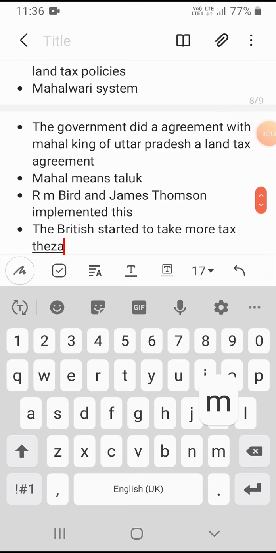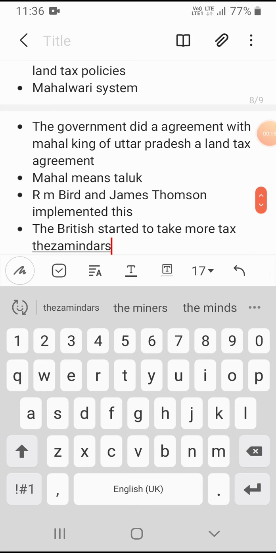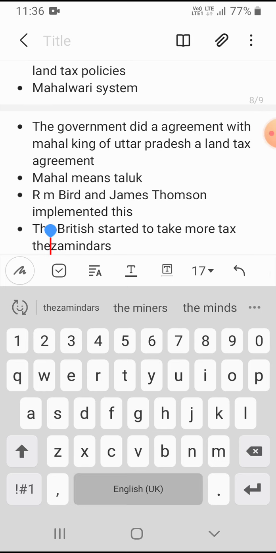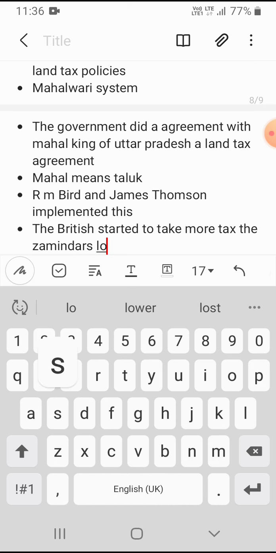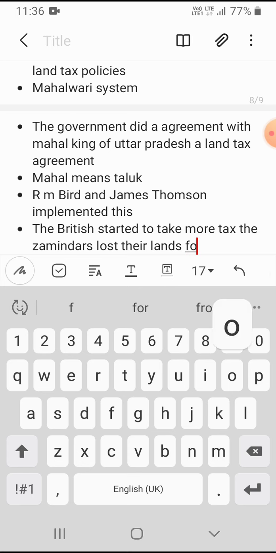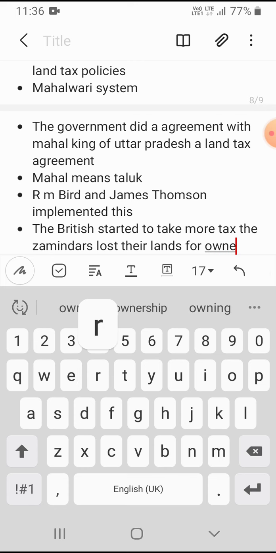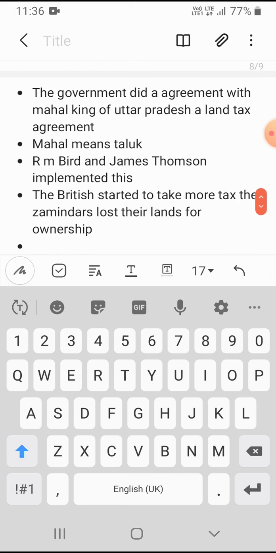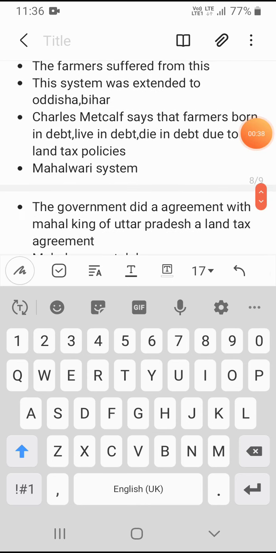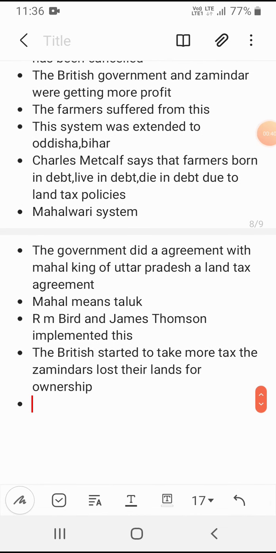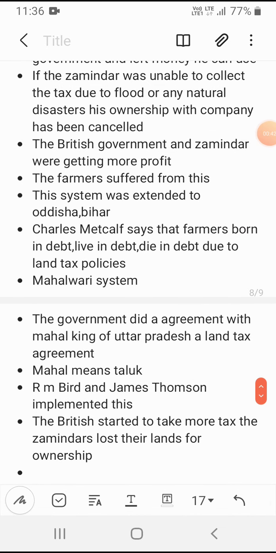The zamindars who were collecting the tax lost their land for ownership. If they broke the agreement, they would take the land of the zamindar who collected the tax from the farmers. This was about the Mahalwari system that came in Uttar Pradesh and some other places.